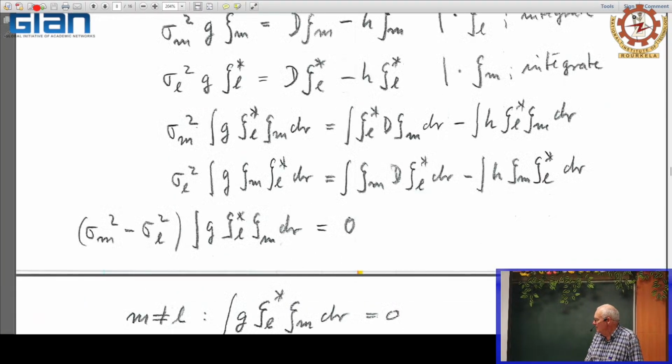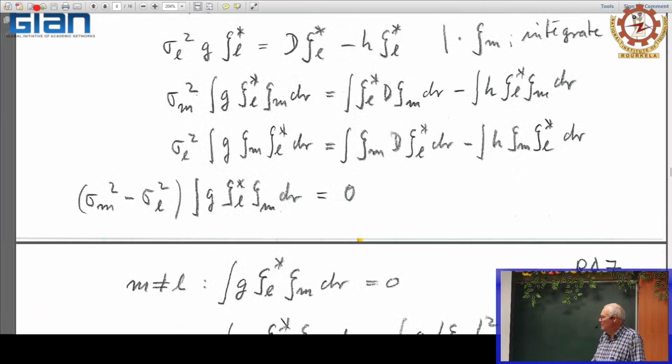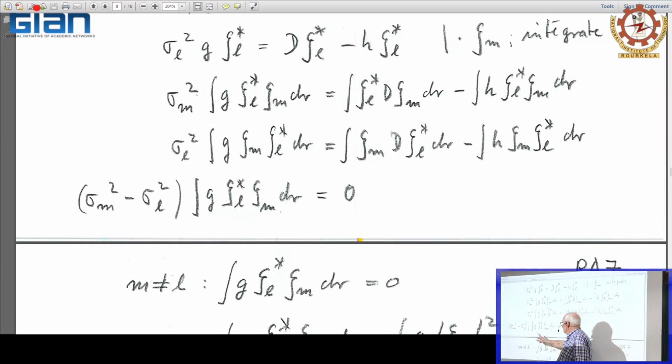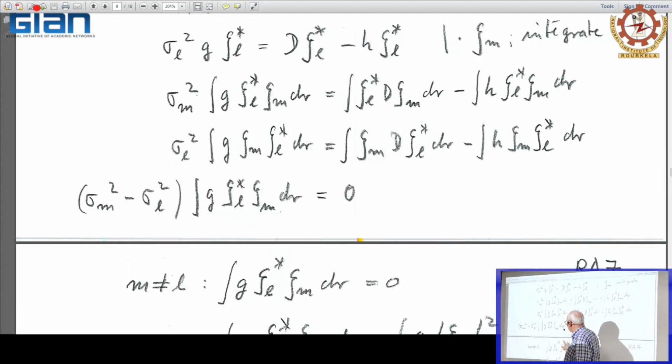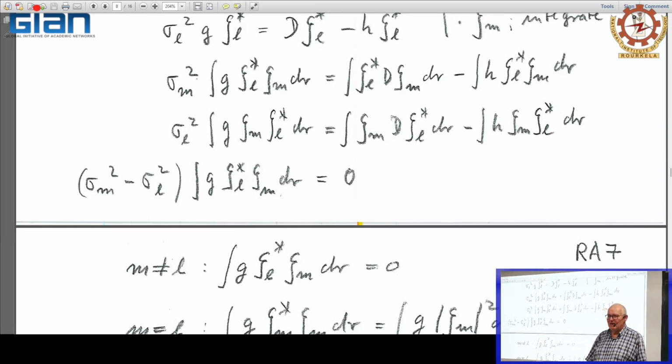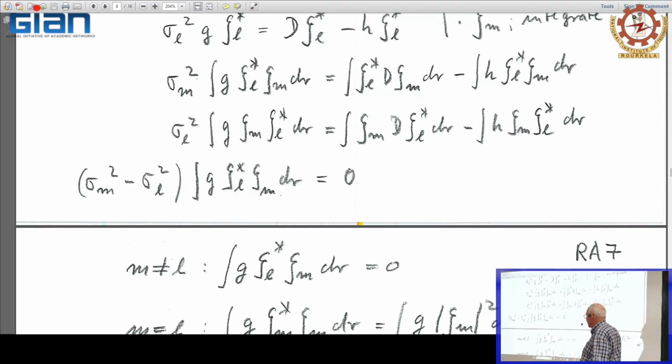What does it mean? Well, if m is not equal to l, then this bracket is non-zero, so obviously this integral has to vanish. That means the integral over g times zeta l star times zeta m is 0 once we do not have the same eigenfrequency, sigma m not equal to sigma l.